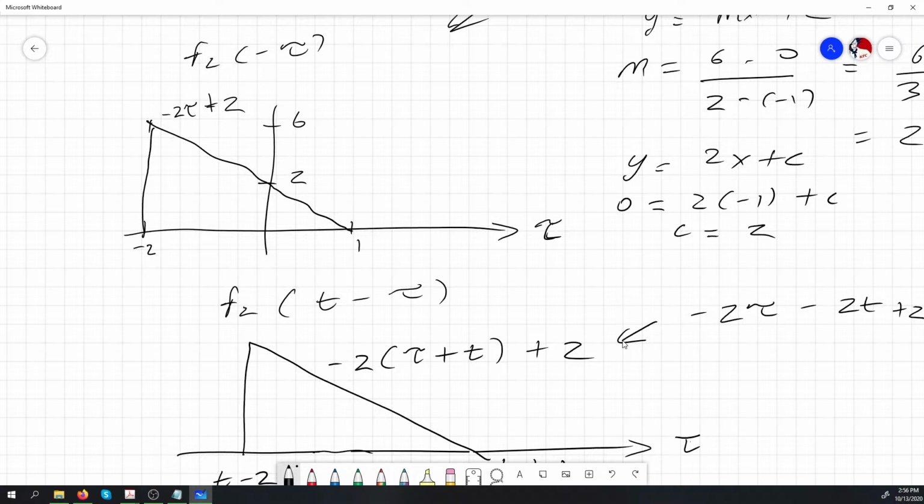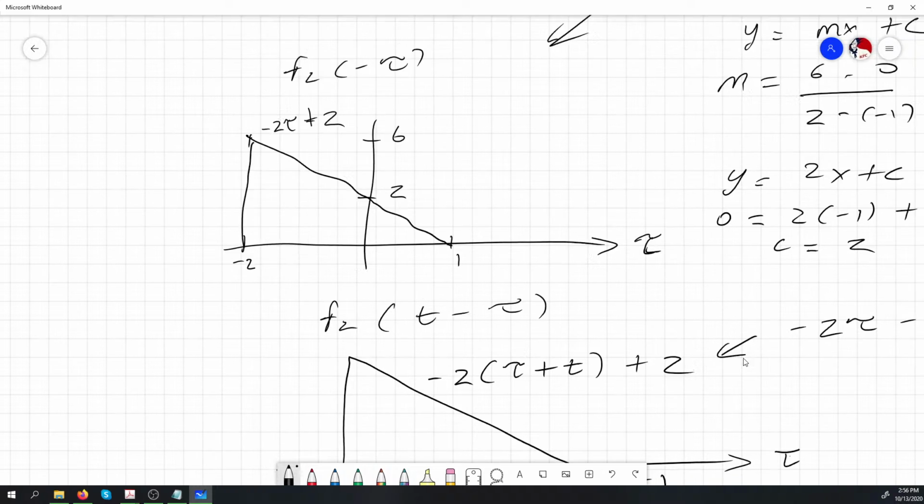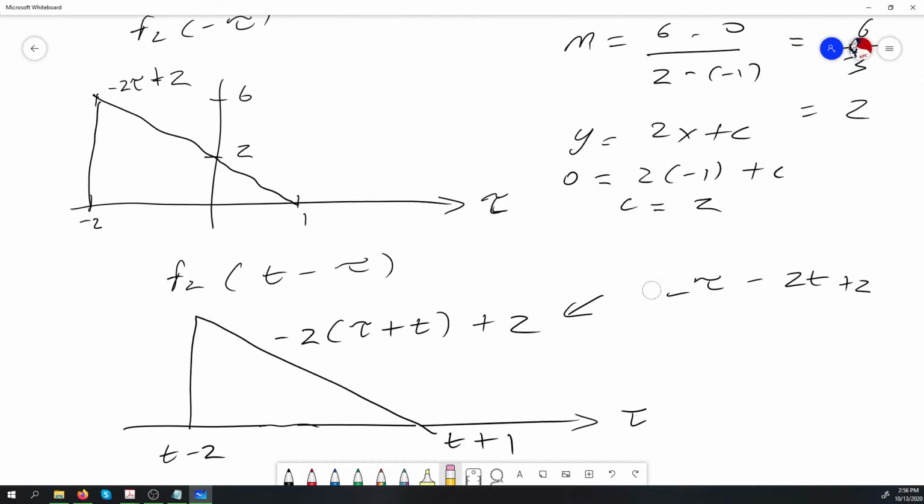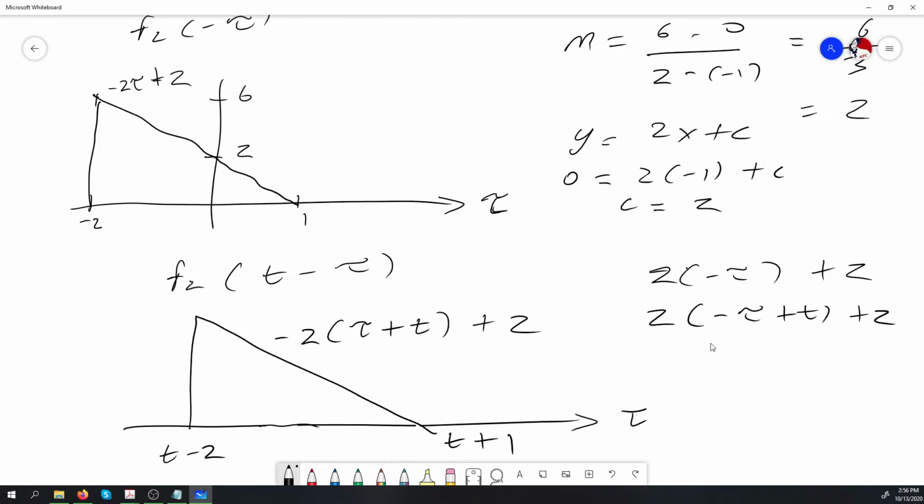Let's see if that actually holds true. I'm trying to make sure the question here is actually correct. So this is basically 2 into minus tau plus 2, and then when we expand this into t minus tau, it comes like this: 2 tau plus t plus 2, minus 2 tau, 2t, 2.